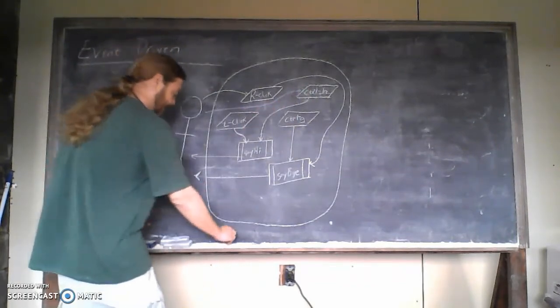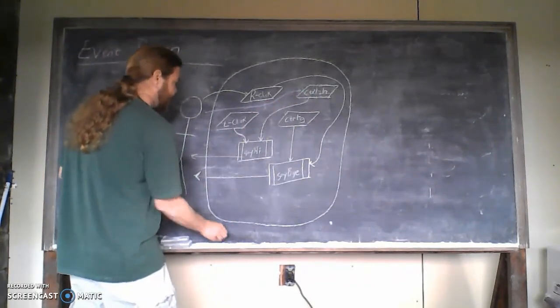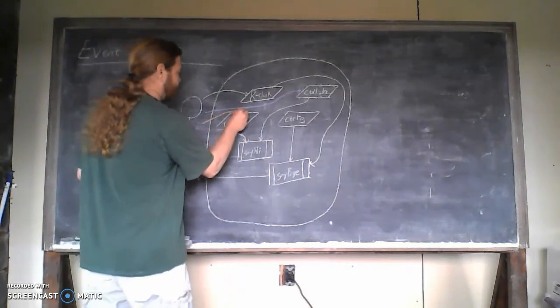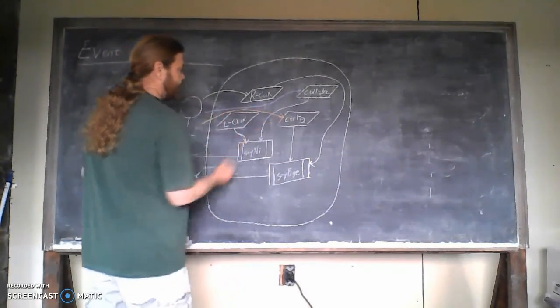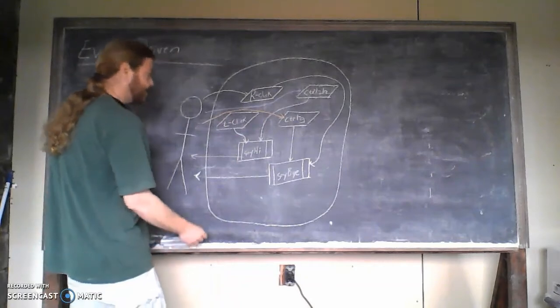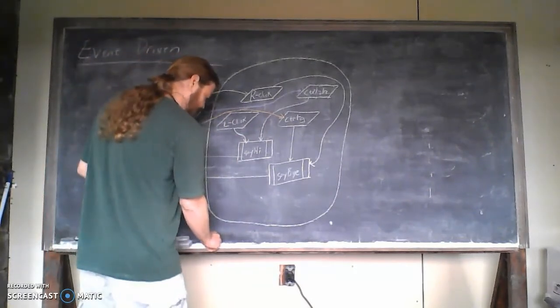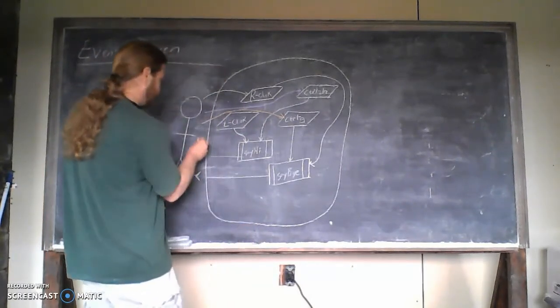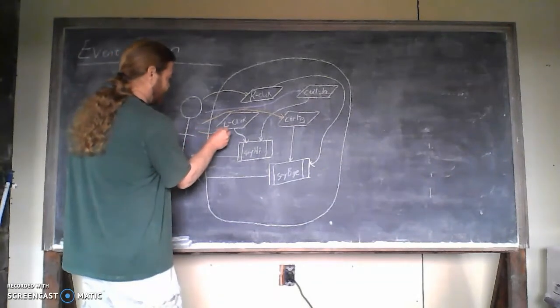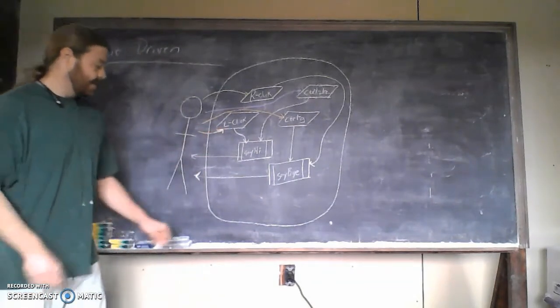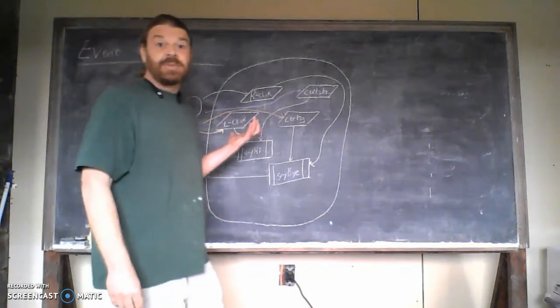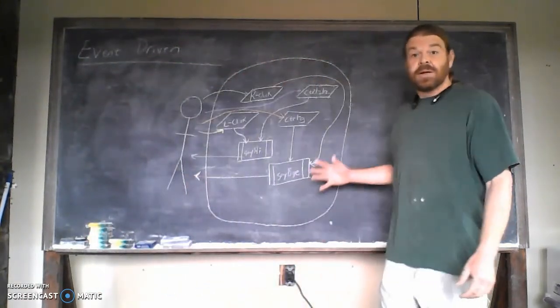The user might hit Control H. The user might hit Control G. Or the user might left-click. So you can see our use case diagram is a lot more complicated now.